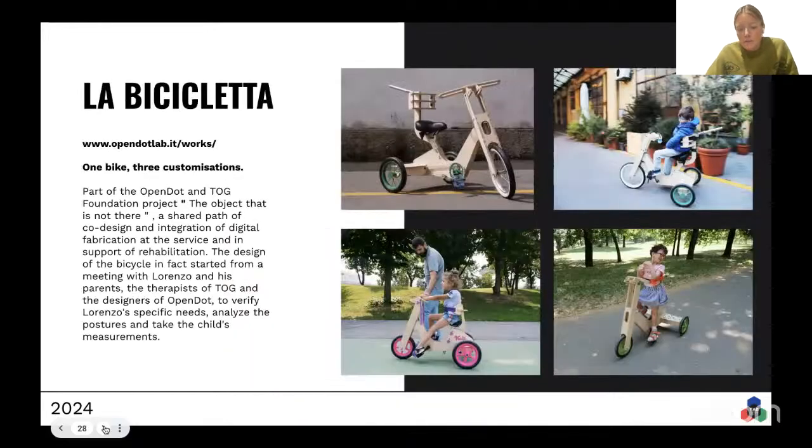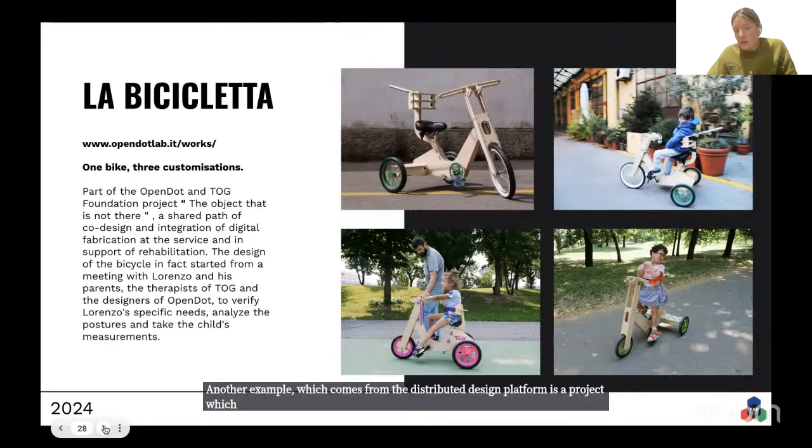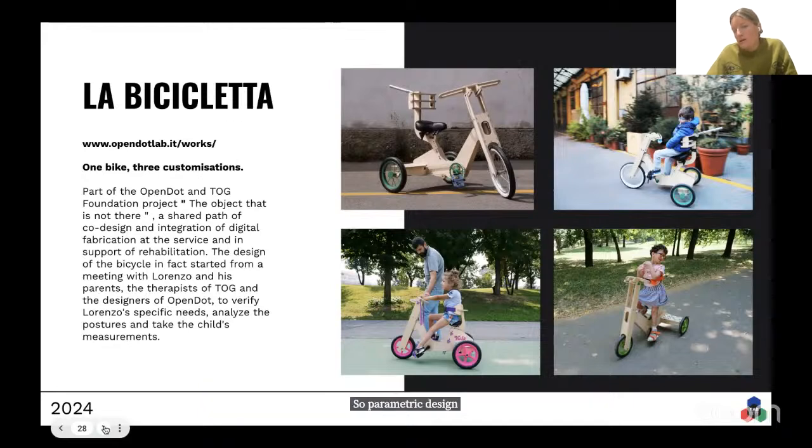Another example which comes from the distributed design platform is a project which saw parametric design be used to design and fabricate a bike for a child who couldn't access a bike that was off the rack. This child has low mobility, in this case, affecting access to the pedals.